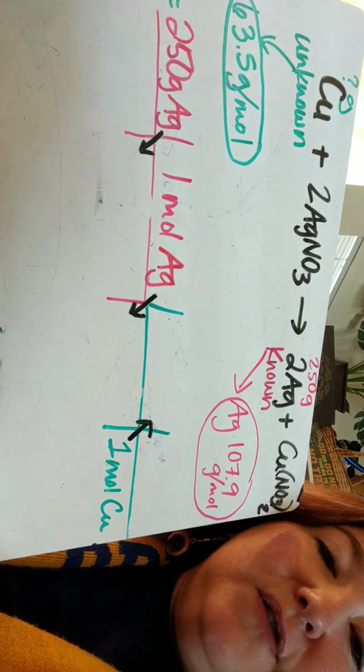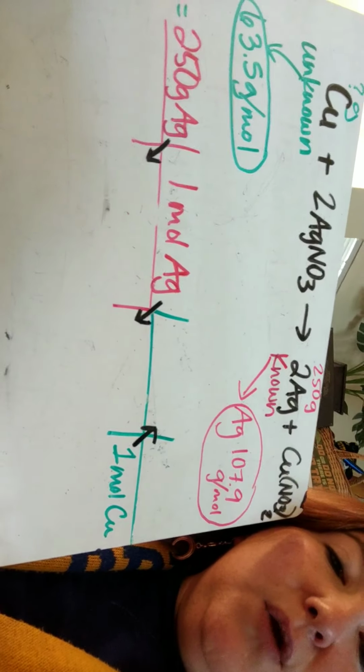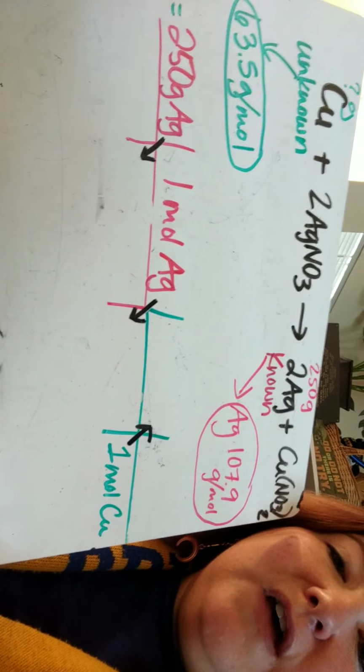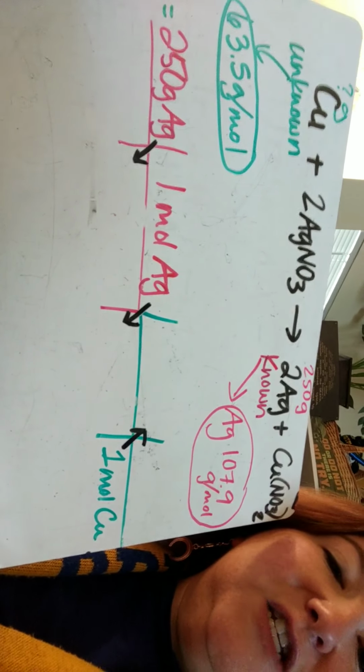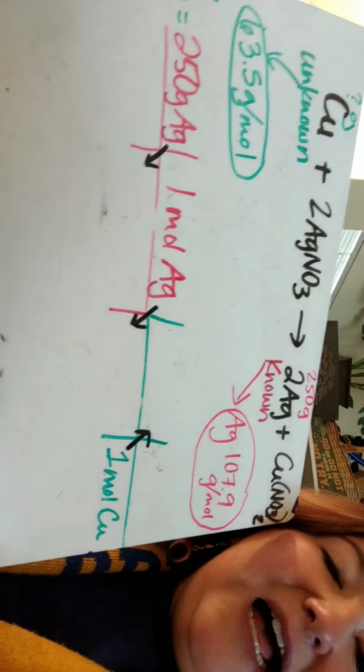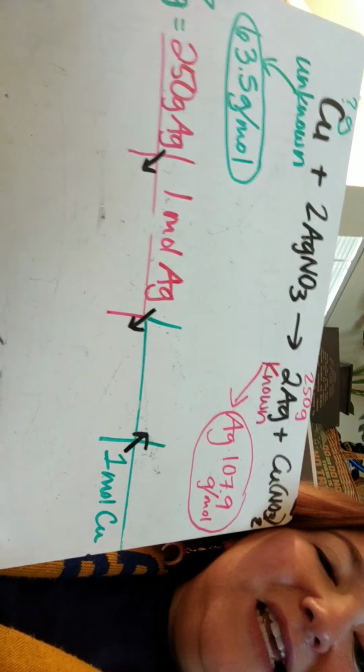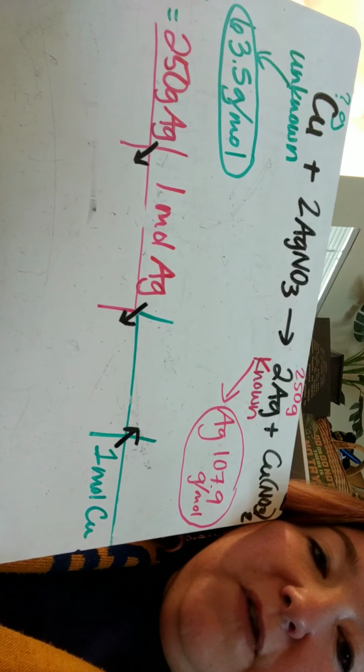And then we have arrows, and those arrows are there to tell you what units come down, not numbers. So that first arrow tells us we need grams of silver on the bottom. The next arrow says we need moles of silver on the bottom. And then the one facing up says we need moles of copper on top. So let me fill that in real quick.